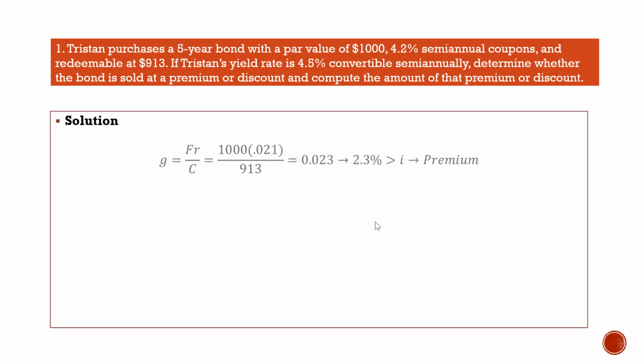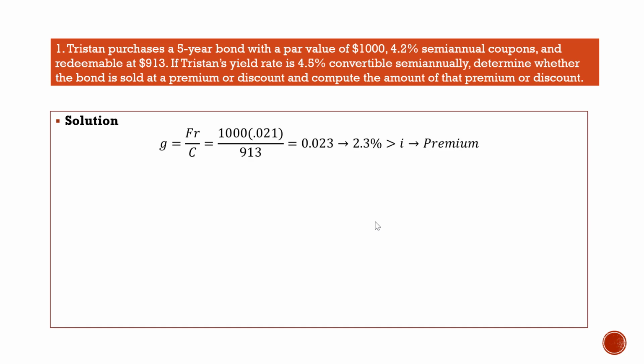So let's look at the first solution. g is Fr over C. Here 4.2% semi-annual coupon rate. So at the end of each half year, the lender who buys the bond will receive 2.1% of the face amount.